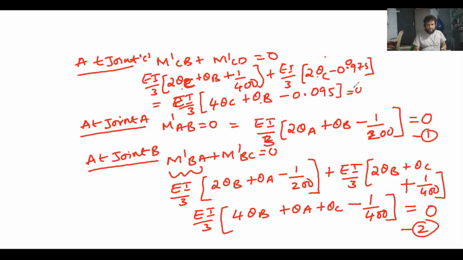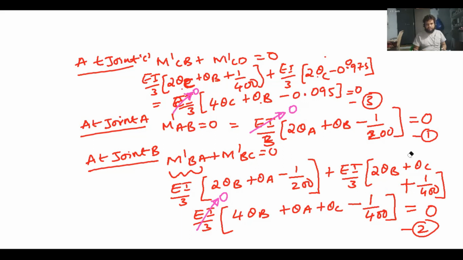So this is equation number 3. Now if you see this, this EI by 3 will become 0 if it goes to the right hand side. Similarly here also this is going to be 0, the complete EI by 3 term. Okay, so now what I will do is I will write these equations inside.